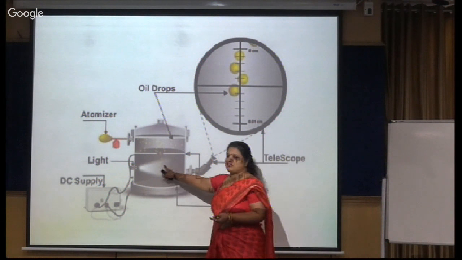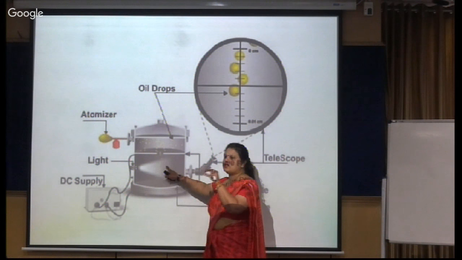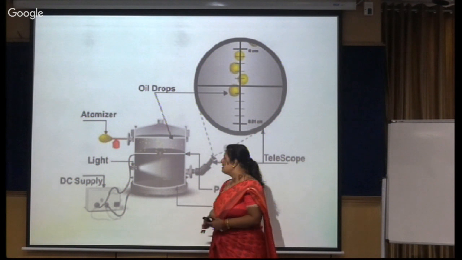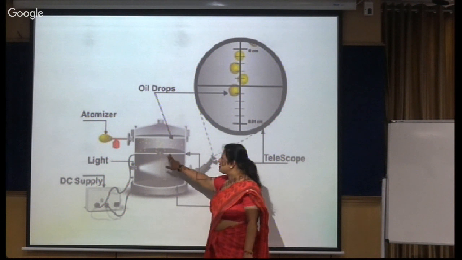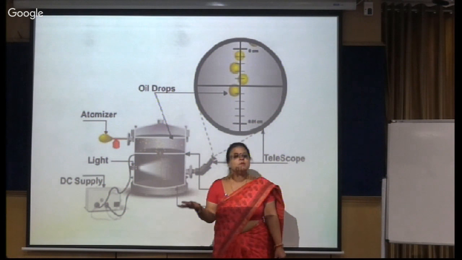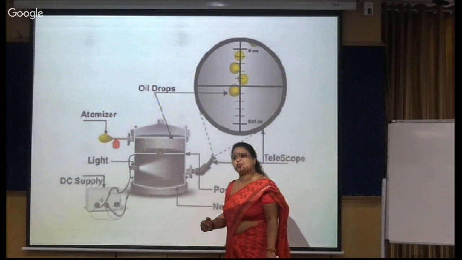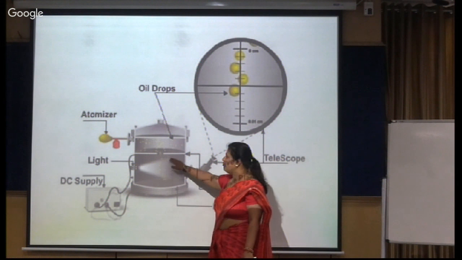So these electrons basically, not exactly bind, they present themselves over the droplets of the oil, and hence the oil droplets acquire negative charge. Now, once the oil droplets acquire negative charge, they will be attracted towards the positive plate.